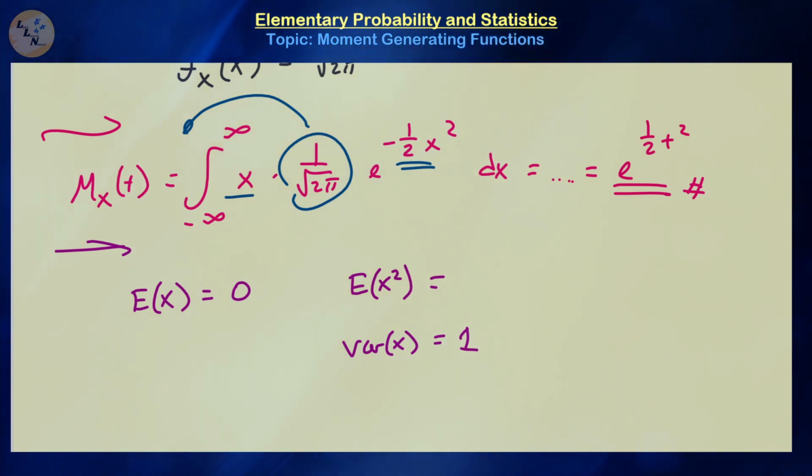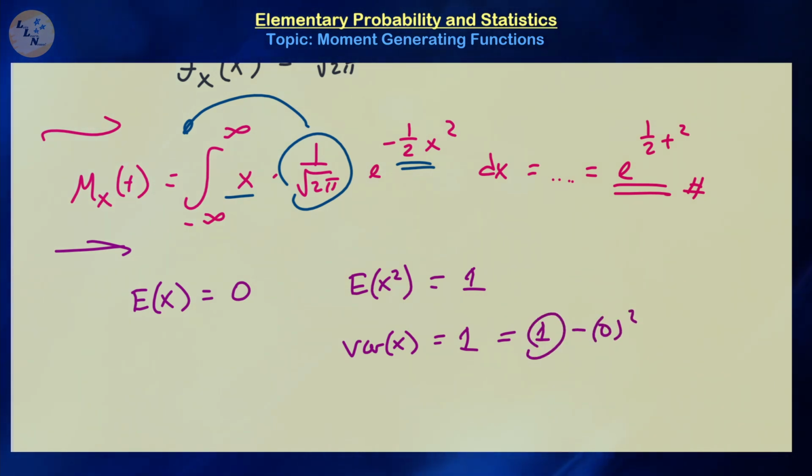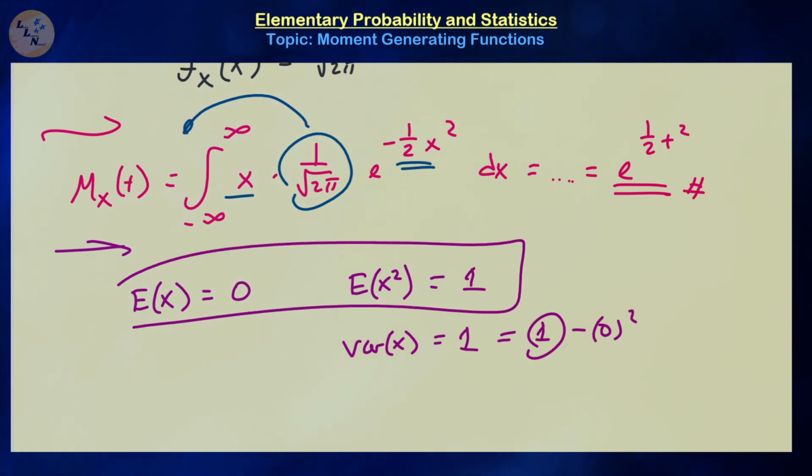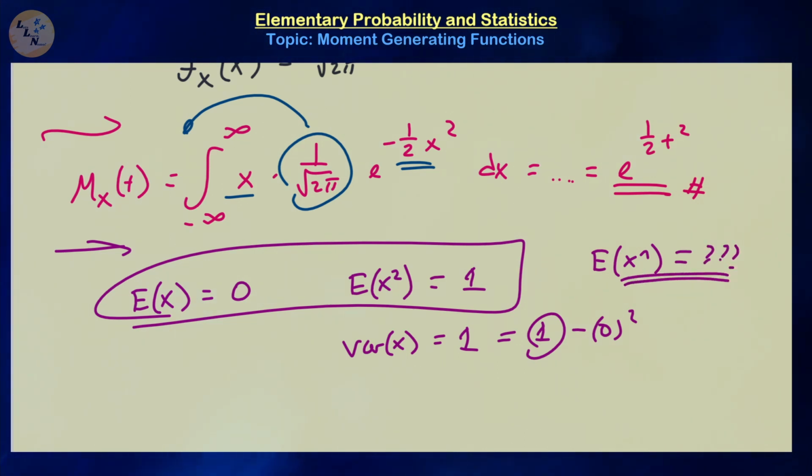The variance is equal to the second moment minus the mean squared, and the mean is 0, so the second moment must be equal to 1 in this case. So fun little exercise there. And maybe you should try to find a closed formula for the nth moment of a standard normal random variable. Lots of little exercises that you could do here, but I'll stop with that.